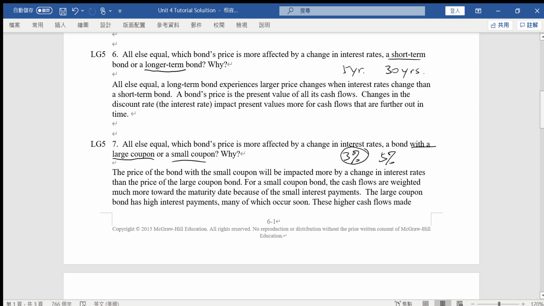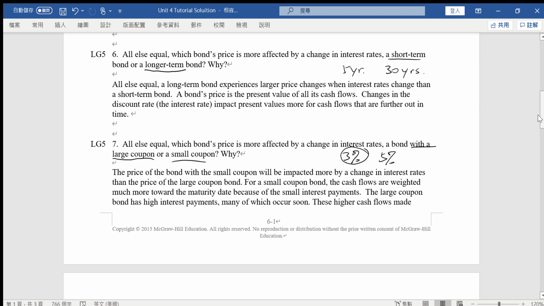Any change of the interest rate only affects it a little bit, but because the base amount is so small, comparatively the impact on the small coupon bond is much larger than on the larger coupon bond.